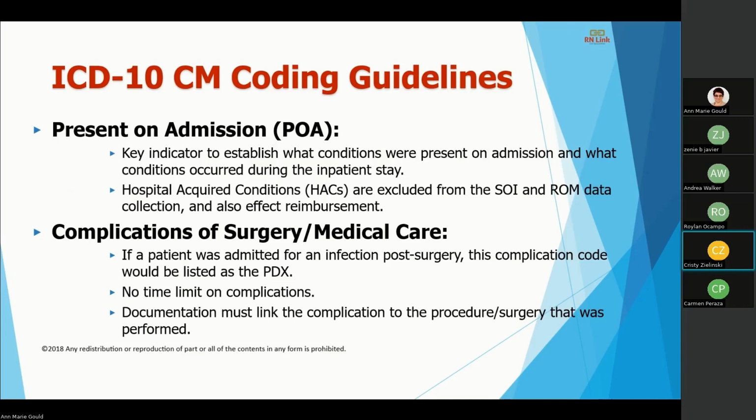For example, the nurses in my previous facility have a documentation for a wound assessment, and they have, for example, decubitus ulcer stage 3, and beside it POA. So you don't really need to ask the physician, since the nurses already documented that it was present on admission.